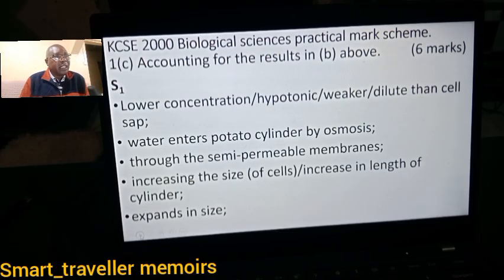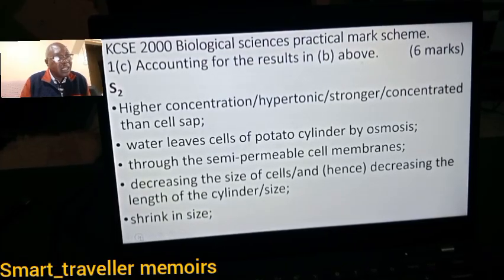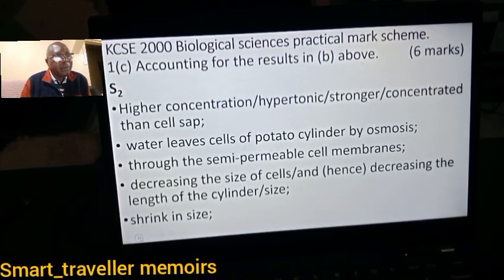S2 accounting: higher concentration than cells' sap. Hence, water leaves cells of potato cylinder by osmosis through the semi-permeable cell membranes, decreasing the size of cells. Hence, the cells shrink in size, or the size shrinks.